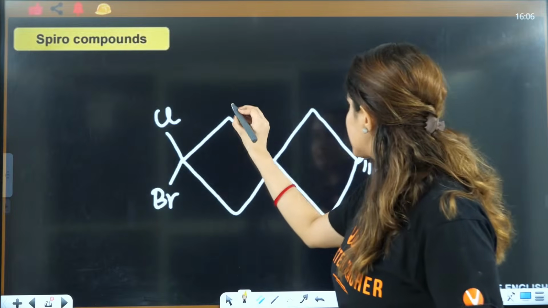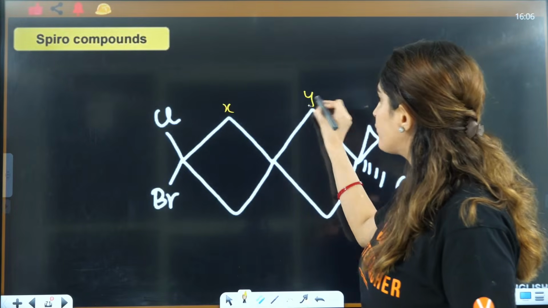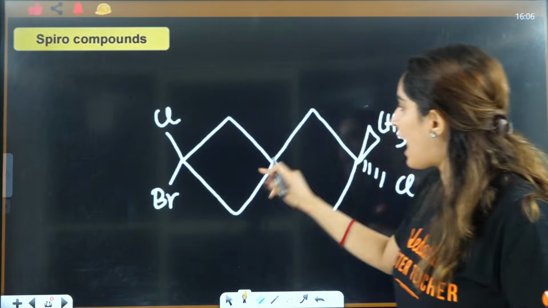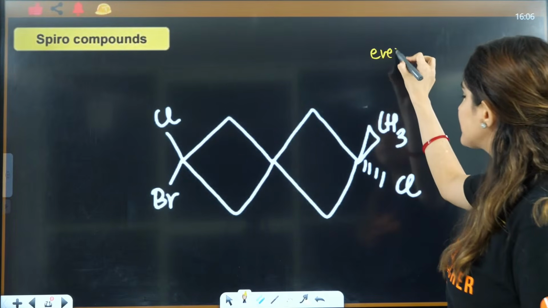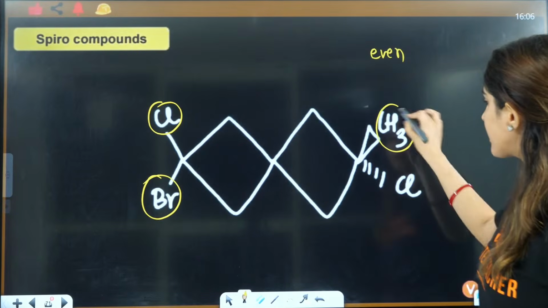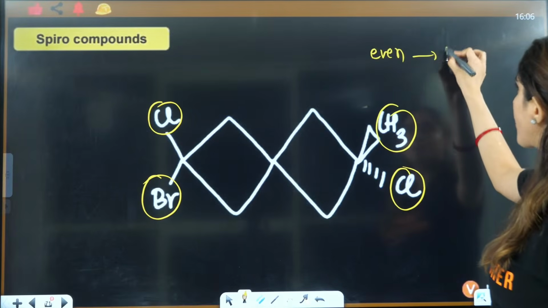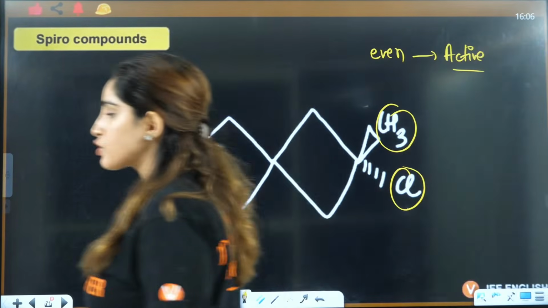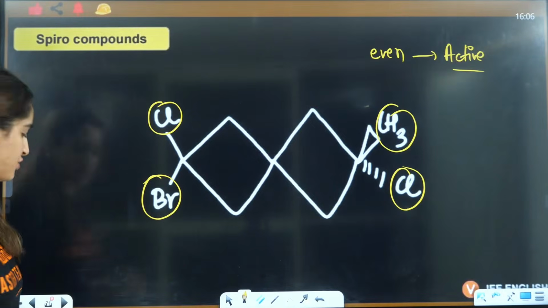If this lies in the x-axis, this will lie in the y-axis. So here, if you have an even number, you will see whether on the last carbon you have different substituents. These are different substituents, so it is optically active in nature.